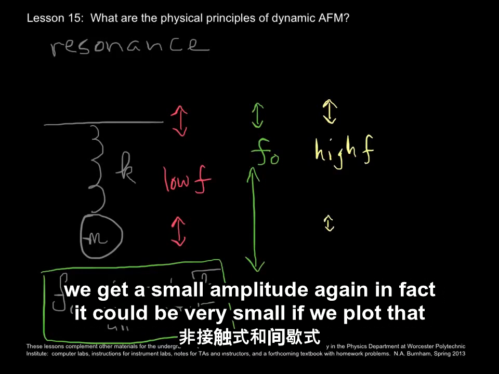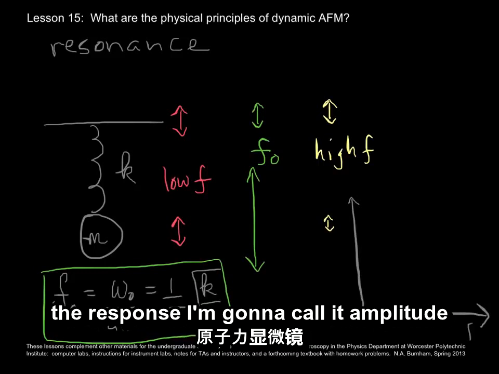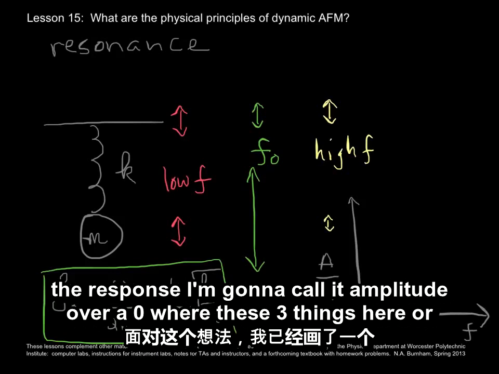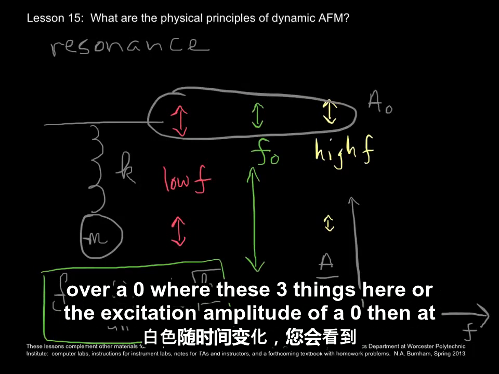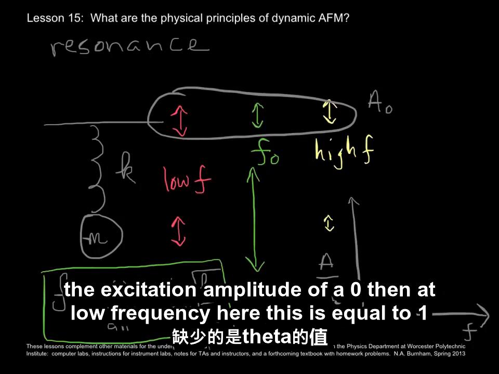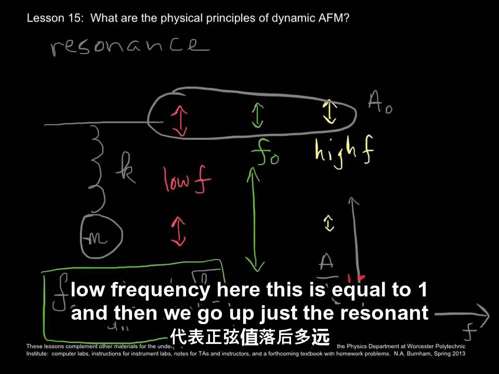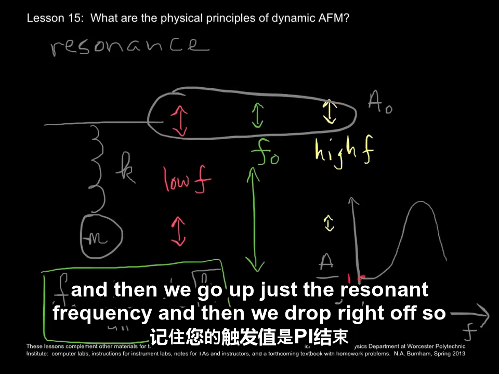If we plot that, the response, I'm going to call it amplitude over A0, where these three things here are the excitation amplitude of A0, then at low frequency, here this is equal to 1, and then we go up to the resonant frequency and then we drop right off.